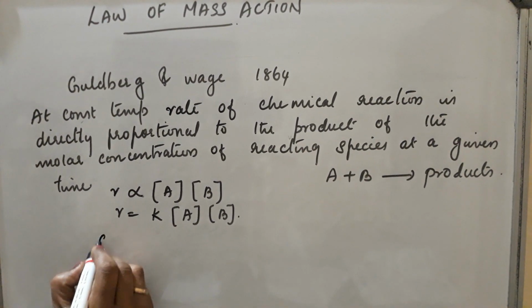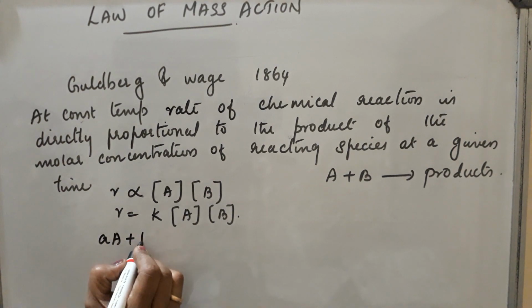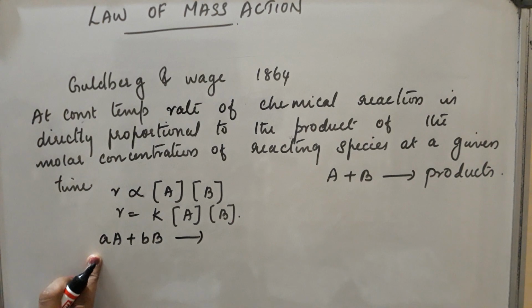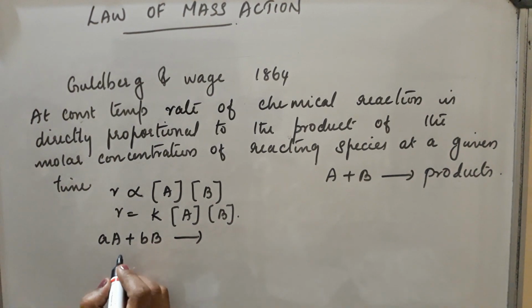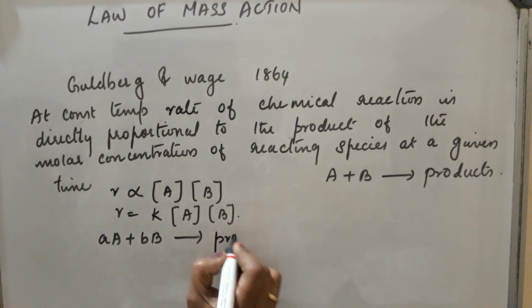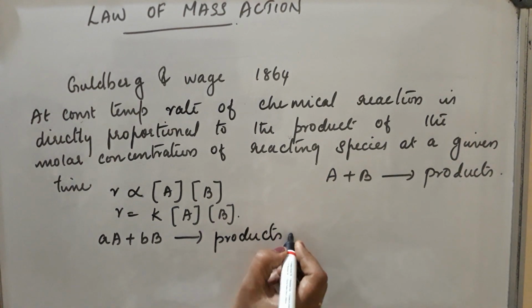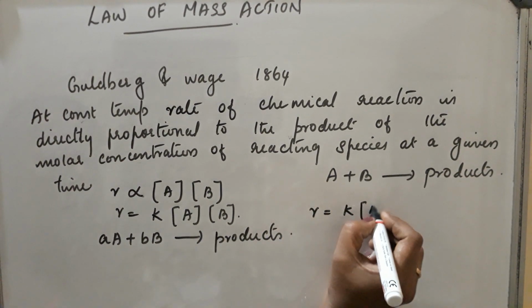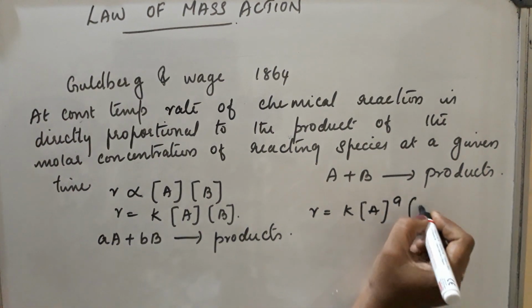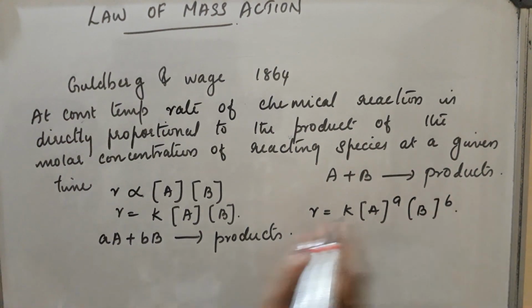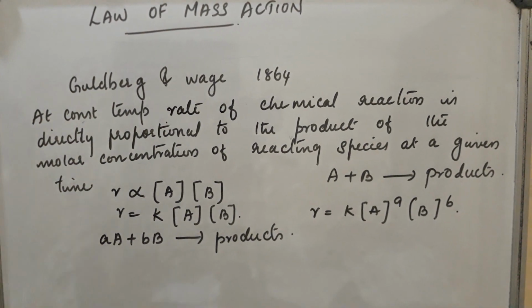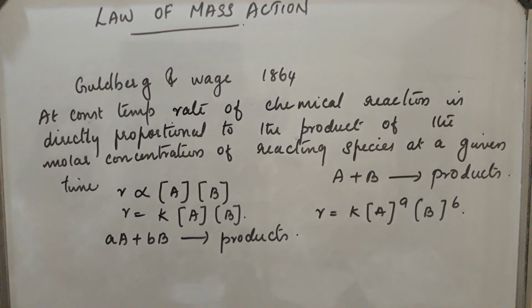Now, if the reactants have coefficients, the relation becomes R = K [A]^a [B]^b. So each concentration term is raised to the power of the coefficient of the reacting species. This much about the law of mass action.